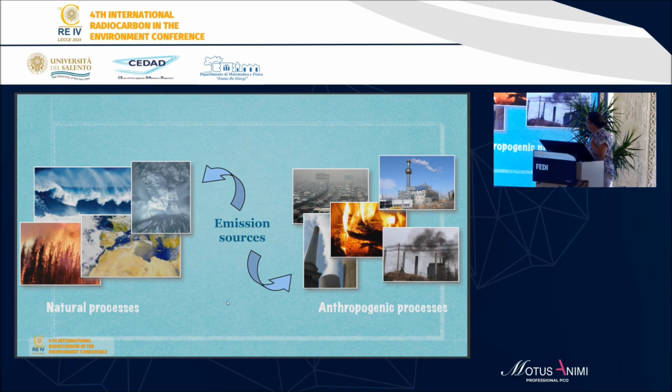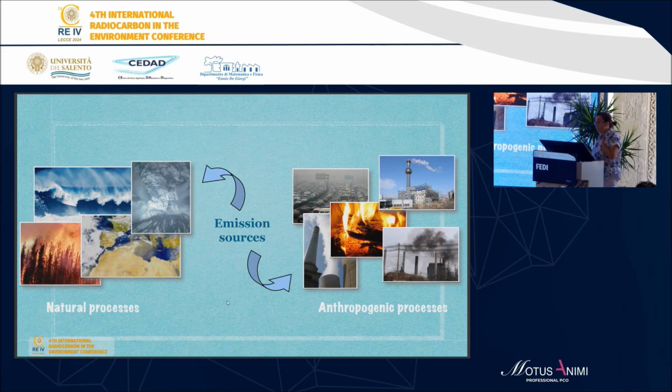As for the direct processes, we can recognize both natural processes, like for example the marine spray, eruptions of volcanoes, the mineral dust from the desert wind, and also the combustion of biomasses.